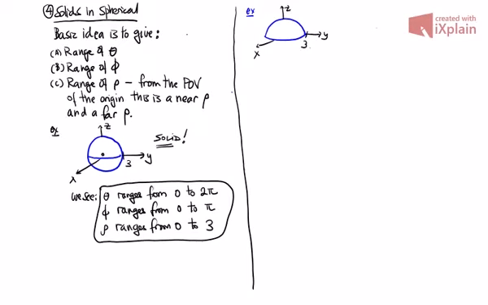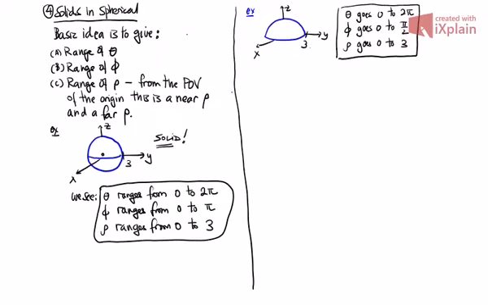So the only thing that changes here is phi, because in this case theta still goes all the way around in the xy direction, 0 to 2 pi. Phi now goes from straight up, which is 0, to the xy plane, which is pi over 2. And rho still goes 0 to 3. So again, these three ranges dictate the entire solid hemisphere.